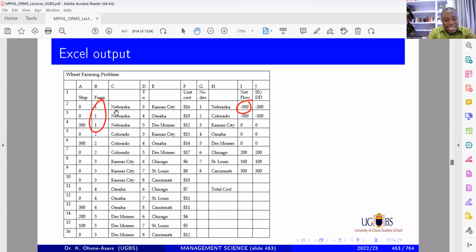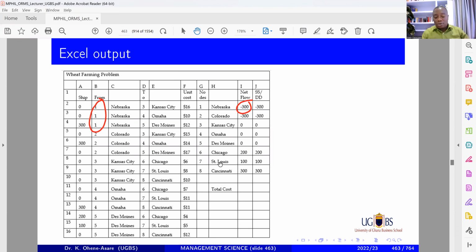So you have Nebraska, A2, to Chicago, which is G6. So A2, G6, then A2, G7, A2, G8.